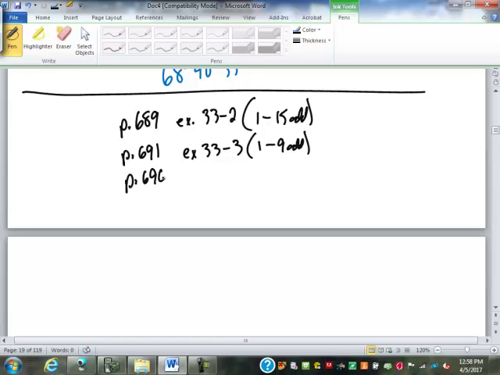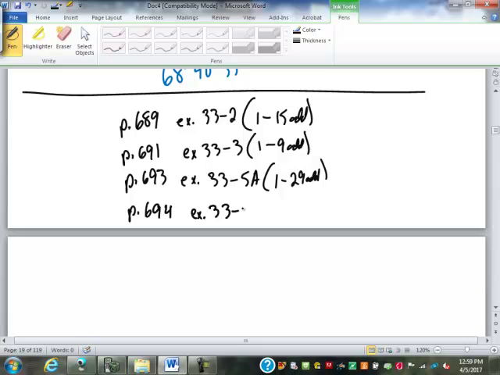Page 693, exercise 33-5A, 1 through 29, the odds. And finally, page 693, not 696, 693 here. Page 694, exercise 33-5B, 1 through 21, the odds. I'll get that packet out to you right now.